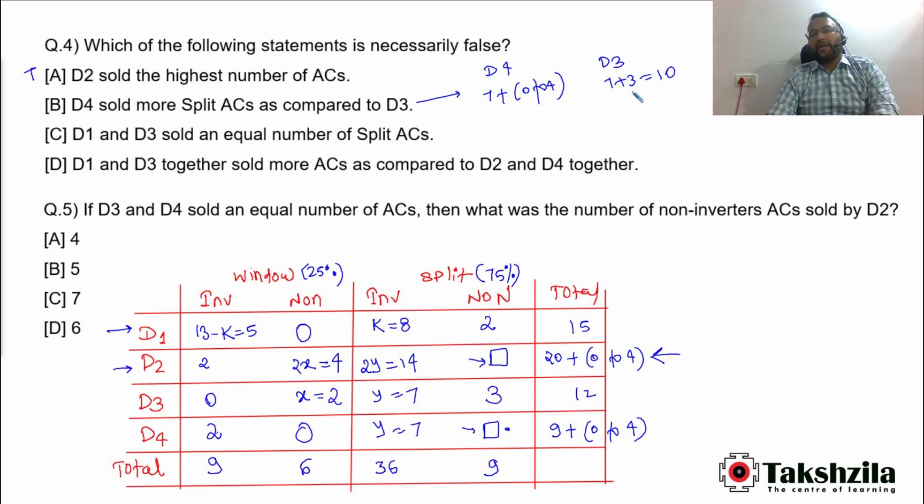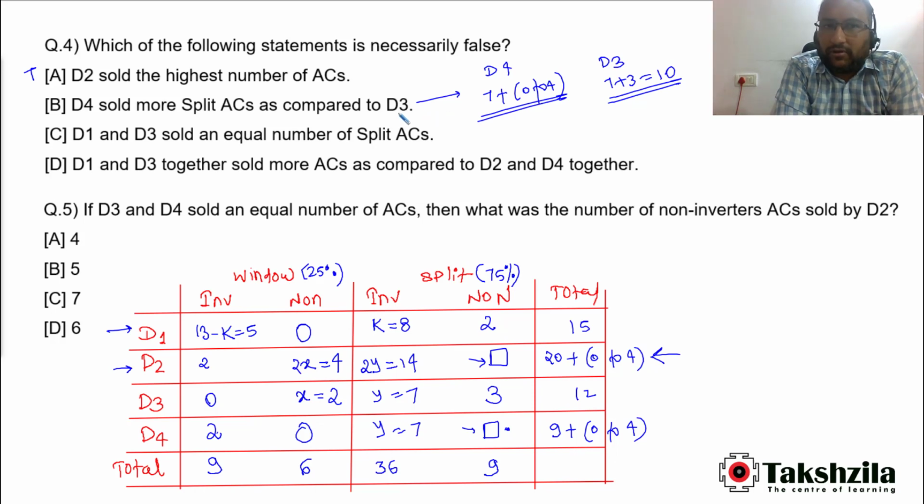So it may be possible that sometimes this is greater, or sometimes that is greater. So we cannot say that this statement is necessarily false. So option A is not our answer, option B is not our answer.